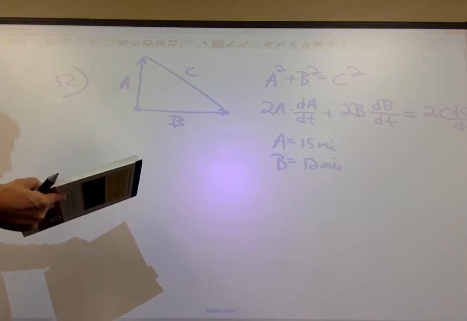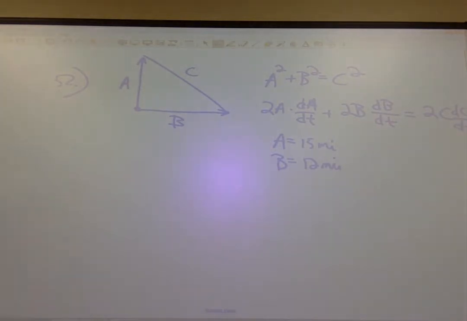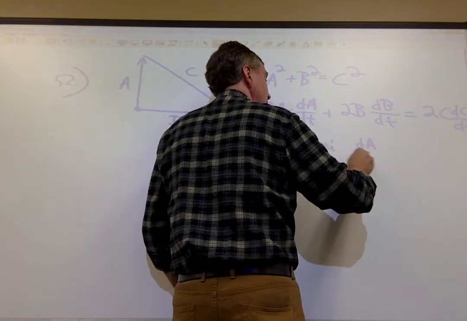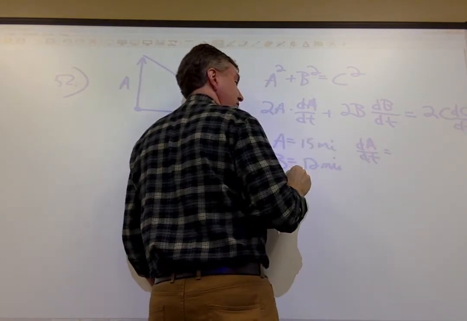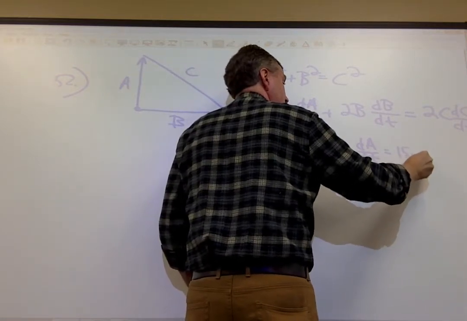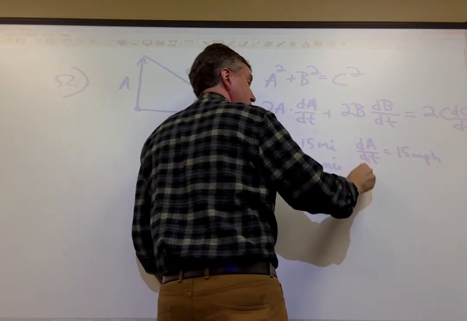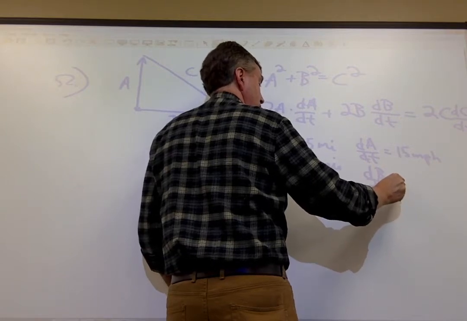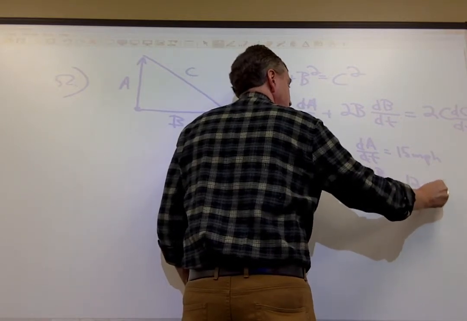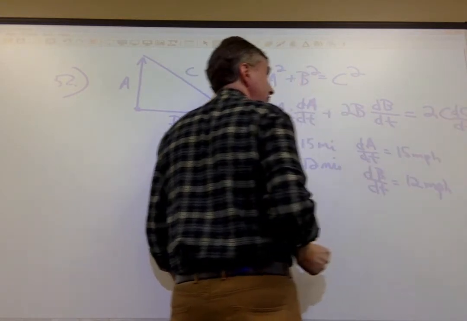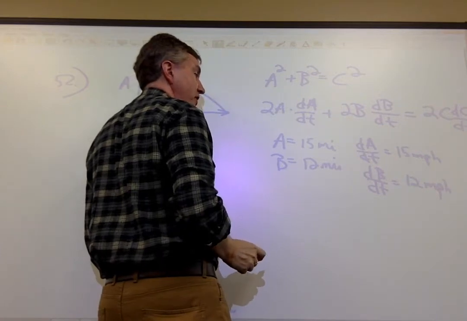All right. How fast is the distance between them changing at 1 p.m.? Well, what is dA/dt? When the speed was, what is dB/dt? 12 miles per hour. We're asked to find this, and I'm going to have to find C again, right?